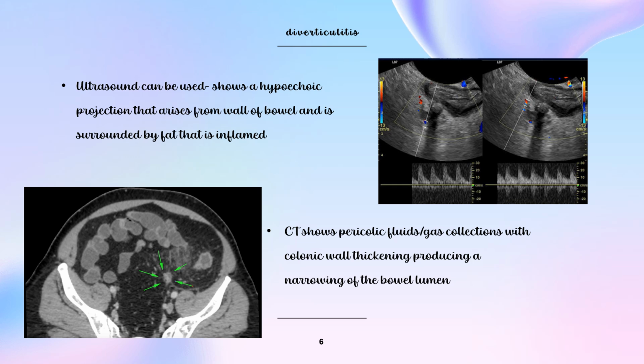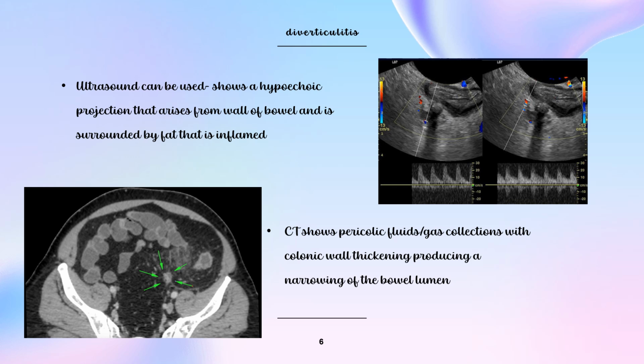For CT as well, I didn't realize that you could catch diverticulitis with CT. It would show pericolic fluid and gas collections with colonic wall thickening, producing a narrowing of the bowel lumen.